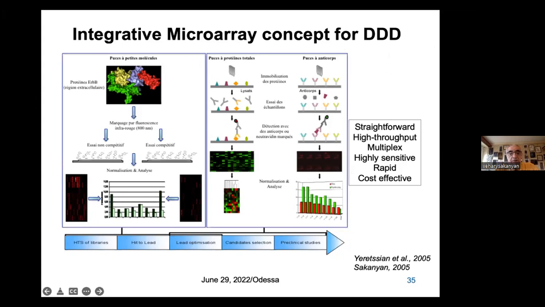So these two technologies are straightforward, high throughput, multiplex, highly sensitive, rapid, and cost effective. Practically, these technologies can be used starting from the selection and screening of compound libraries or protein libraries, and go up to the preclinical studies.